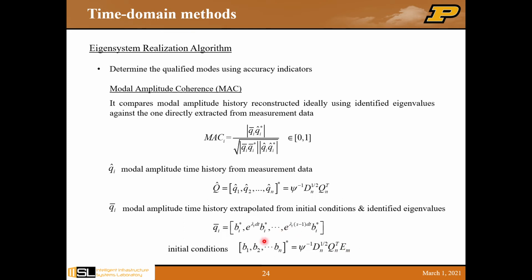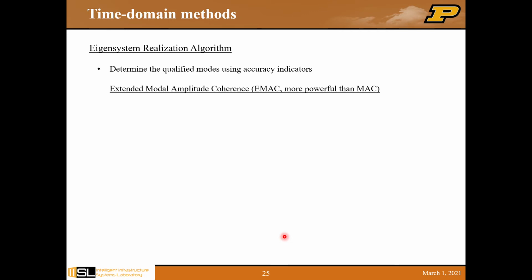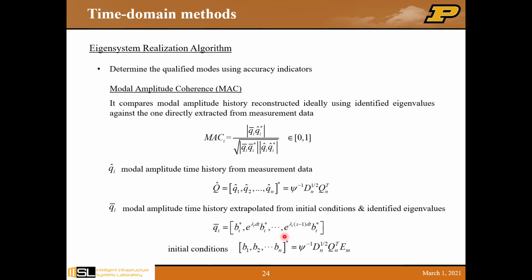Then we can extract the modal amplitude time history at a specific time sample by multiplying the initial conditions and the eigenvalue, in the z domain. So this is one of the fundamental accuracy indicators to quantitatively measure whether the modes that we obtained are genuine or not.